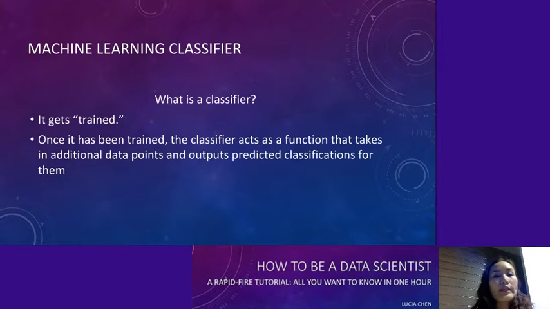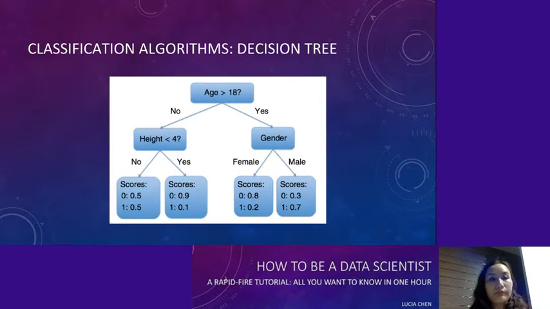Okay, so I will introduce a few classifiers that are commonly used by data scientists. The first one is this decision tree. Now, the tree structure is very simple for you to understand. There are nodes in here. For each node, you ask a question. For example, if it's a numerical node, you ask whether it's above or below a threshold.